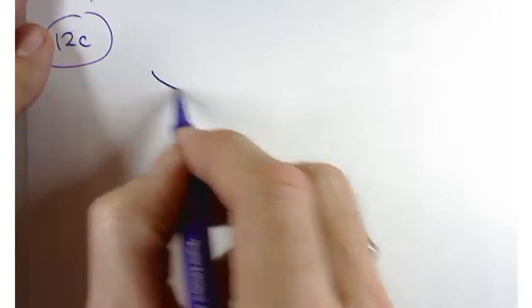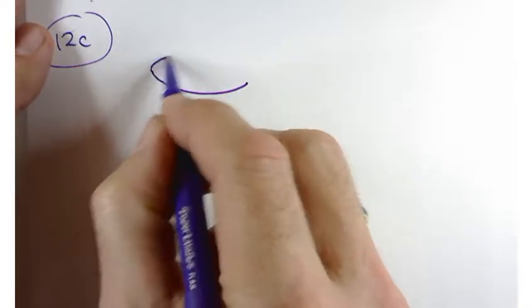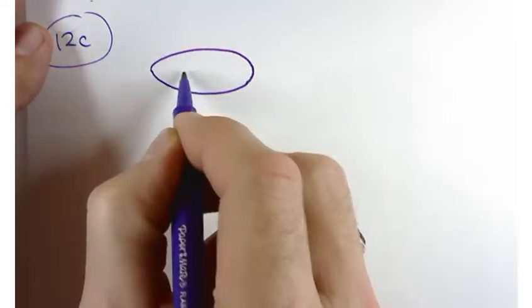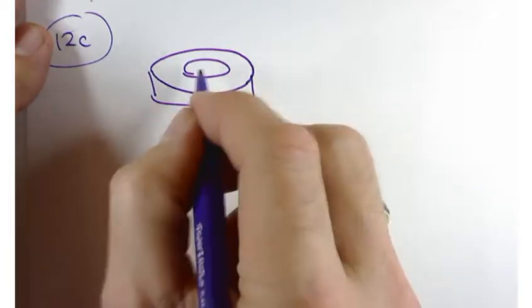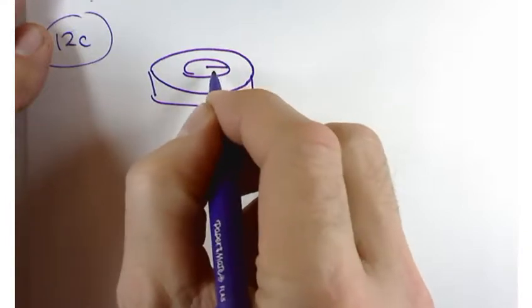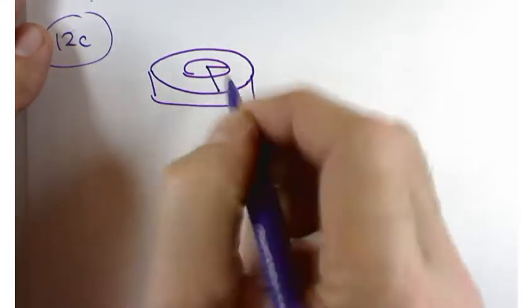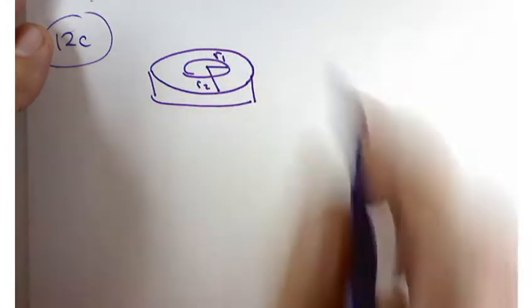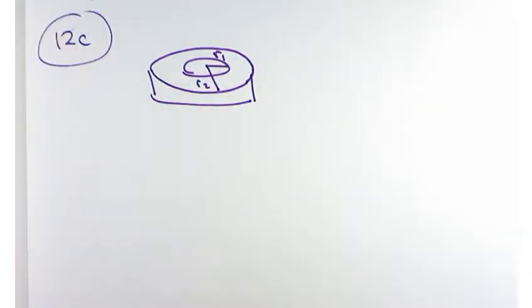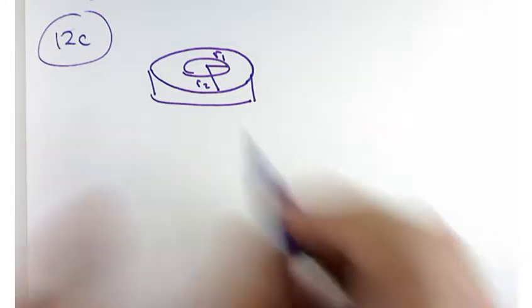Not exactly a thing of beauty here, but it'll work. We've got an outer radius, R2, and an inner radius, R1. Let's see if we can't find the volume of that one washer.